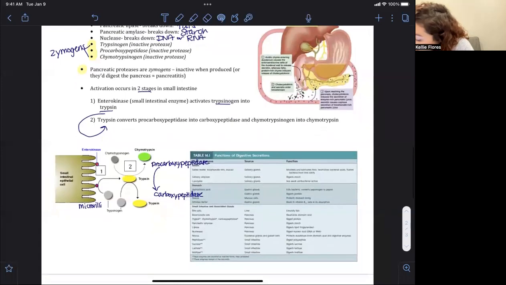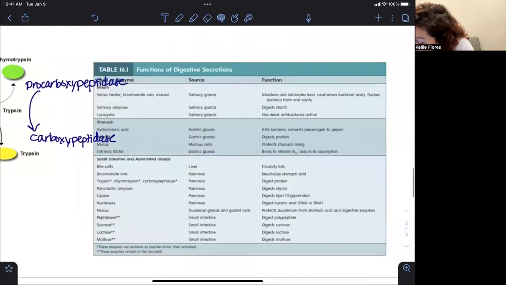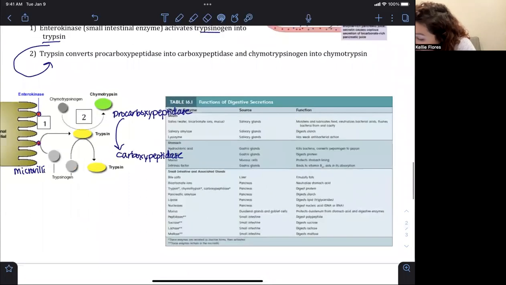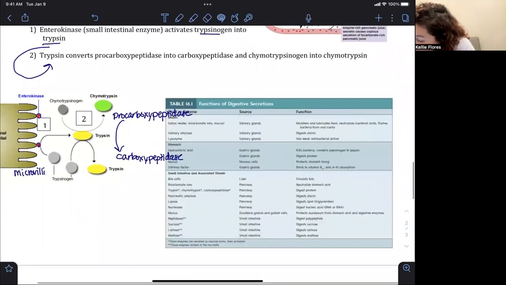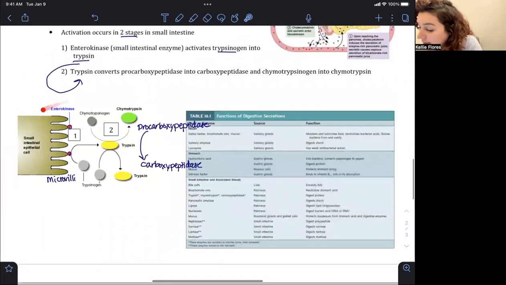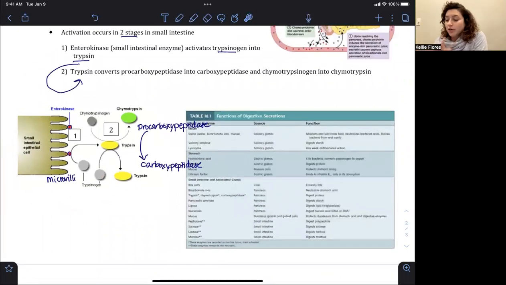All right. So what do those three things do for us? So what does trypsin, chymotrypsin, and carboxypeptidase do? They help digest proteins. That's what they do. Okay, but they're not active until this whole signaling event happens first. So first, trypsinogen is activated by enterokinase, and that'll transform it into trypsin.